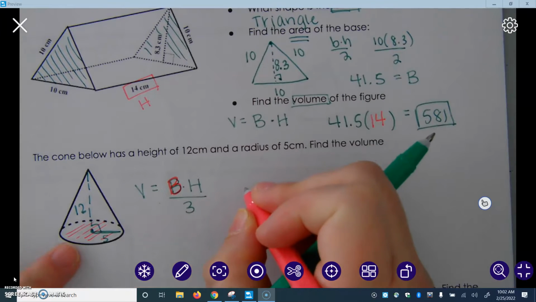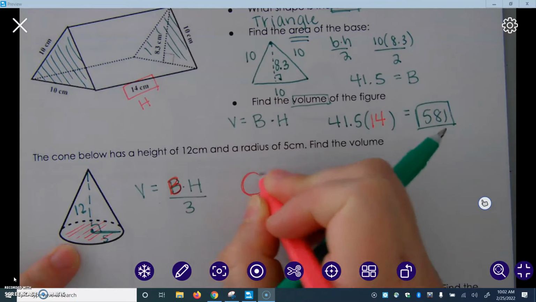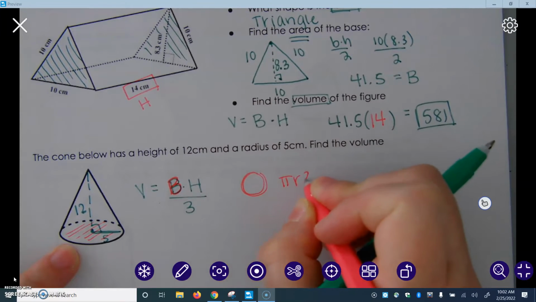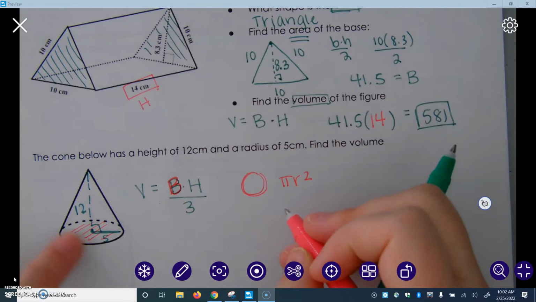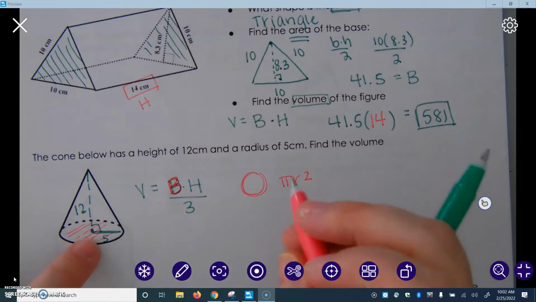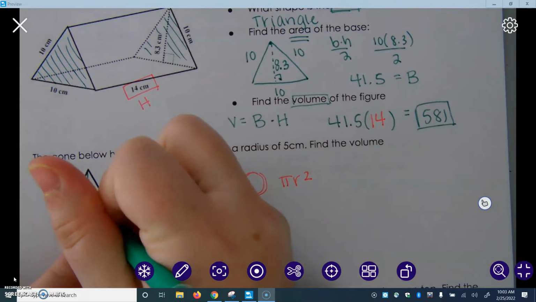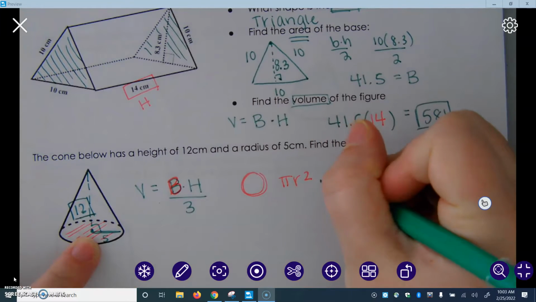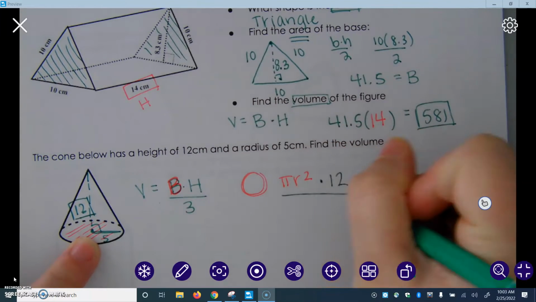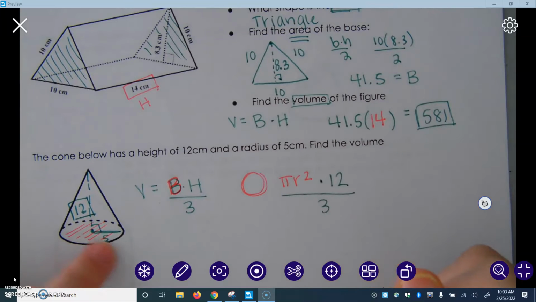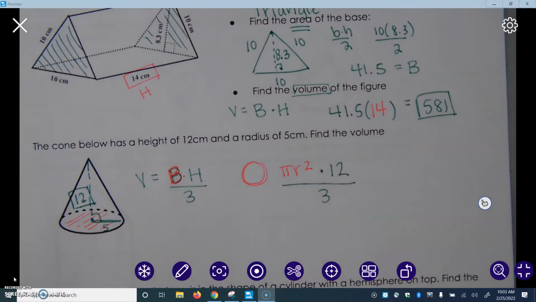And the way you find the area of a circle is pi r squared. So I'm going to do pi r squared times the height. The height is 12. And then divide that by 3. The radius of my circle is 5. So I'm going to plug this all in. I'm going to write down what I'm doing first.